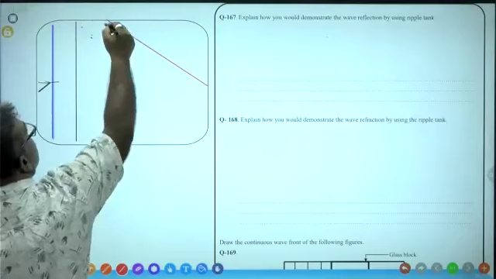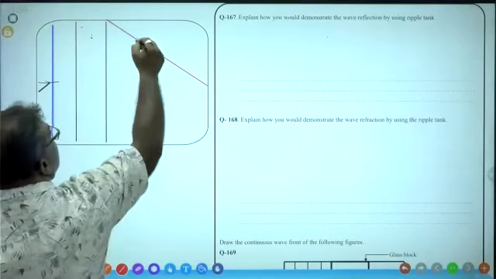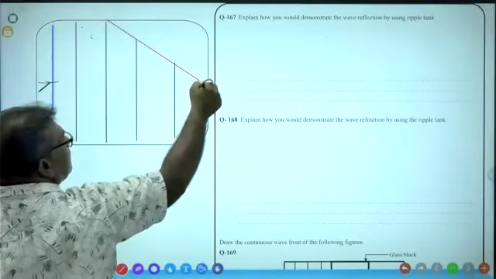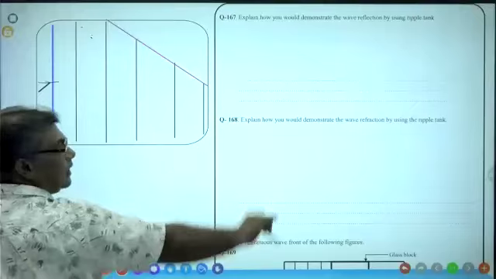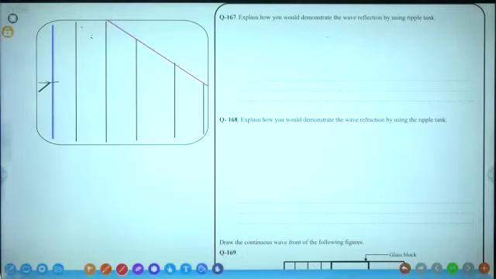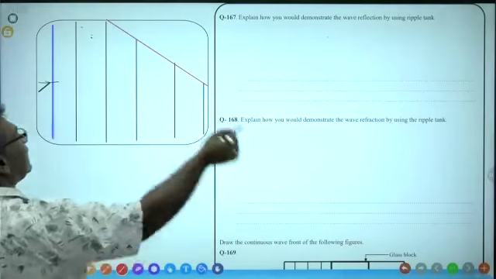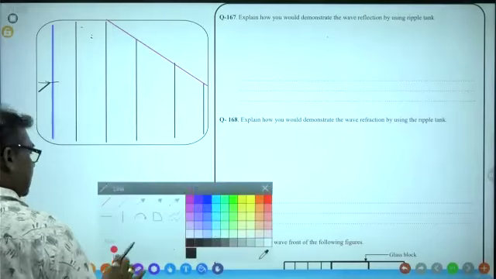Then we can see the wavefronts traveling until they hit the inclined surface, right? Then after they have hit the surface, we can see it's like this.